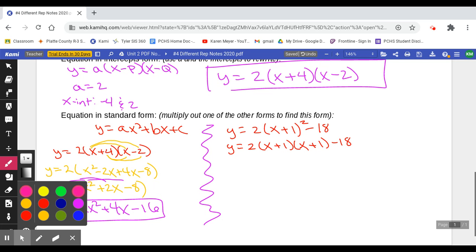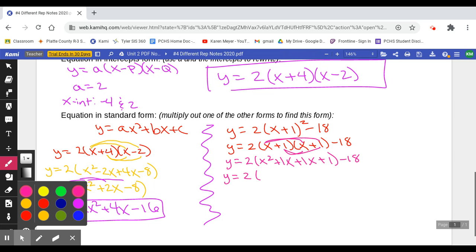Now FOIL or distribute. Leave your a alone. x times x is x squared. x times 1 is 1x. 1 times x is 1x. 1 times 1 is 1, minus 18.